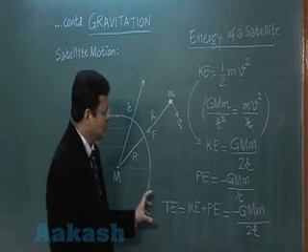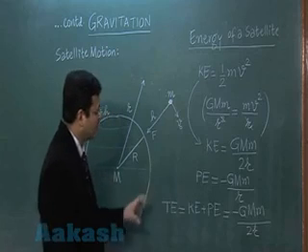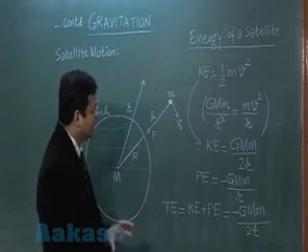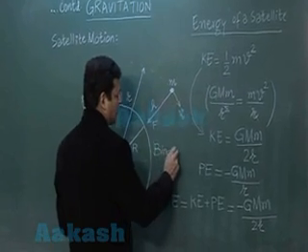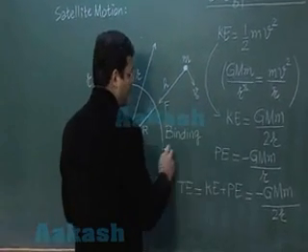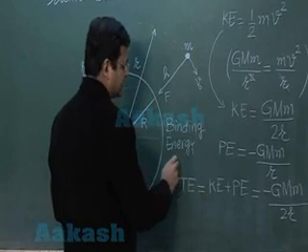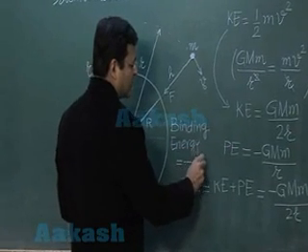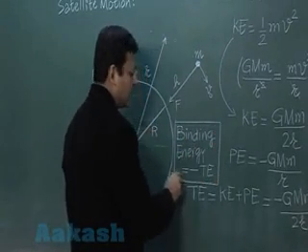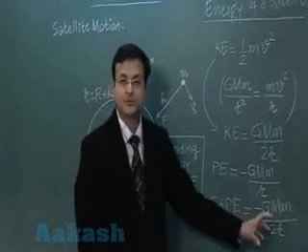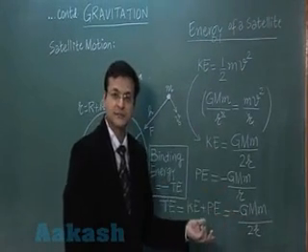So here also you can think of a term called binding energy. You understand? You can think of a term called binding energy, and that binding energy is basically the negative of this total energy. Binding energy is essentially the total energy value, but in positive sense.